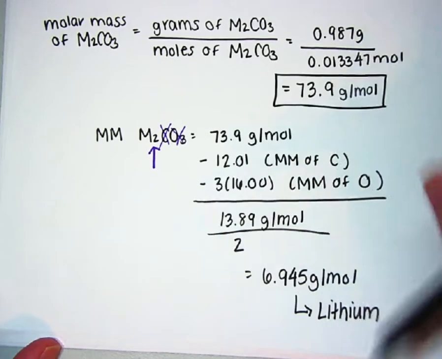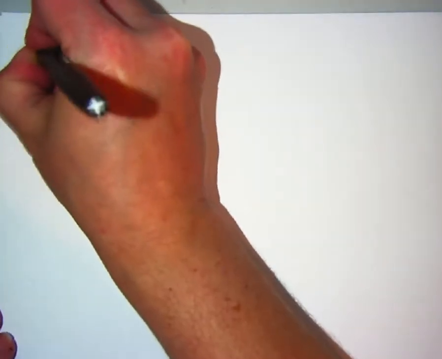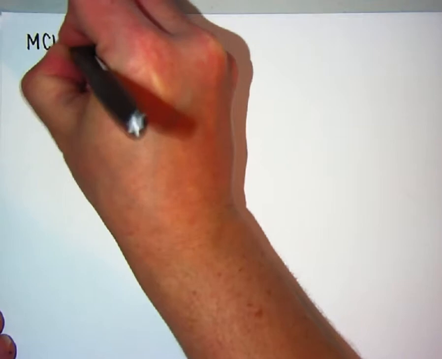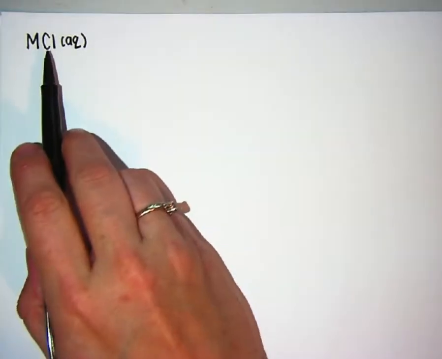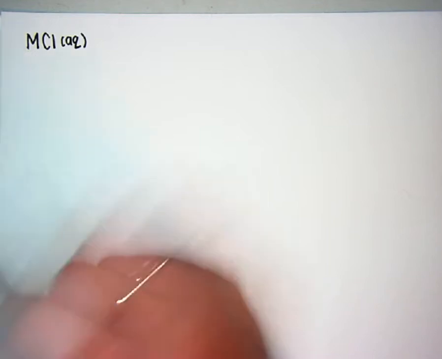Let's try one more example with a different reaction. We have an unknown group 1 metal chloride, and I know that it's group 1 because chlorine is -1 and it's a 1-to-1 ratio. That means this metal has to be +1.